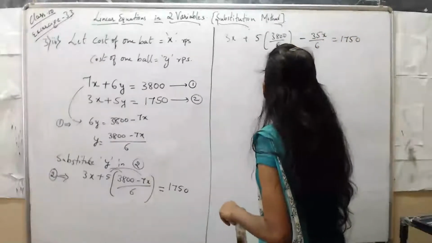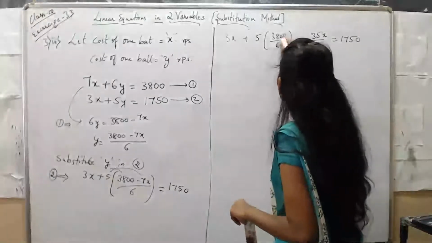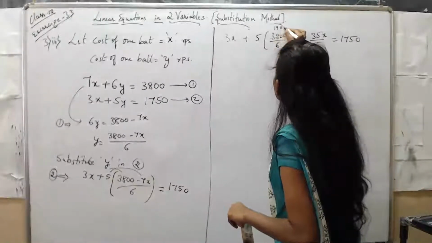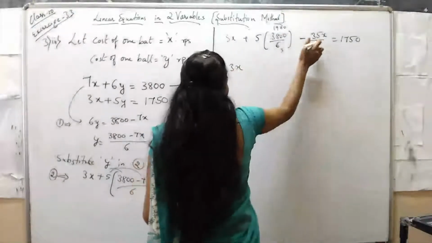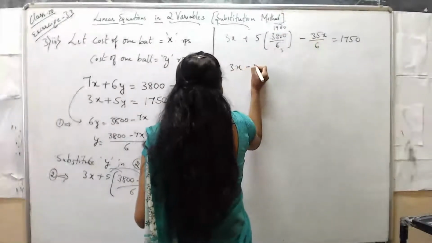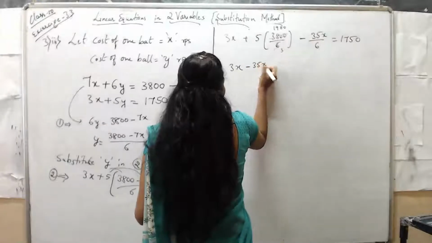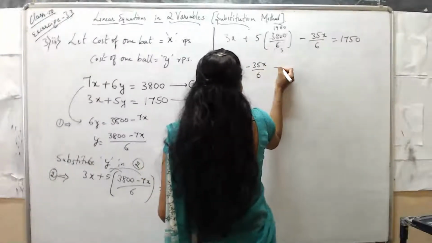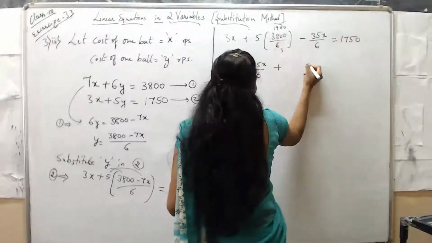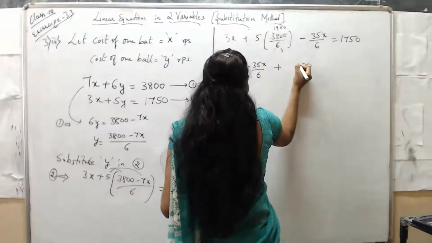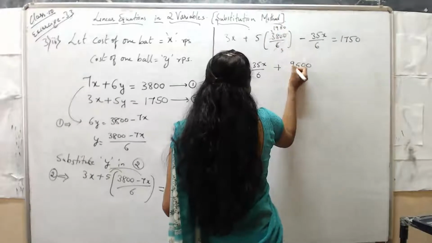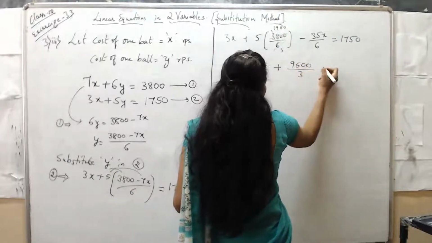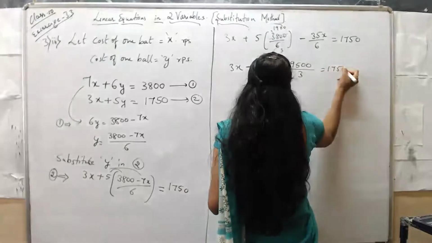See here we can divide it by 2. 3x, I am writing this here, minus 35x by 6 plus 9500 divided by 3, is equal to 1750.